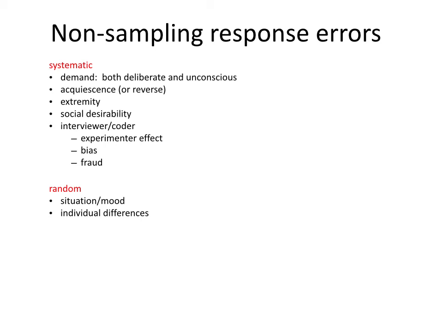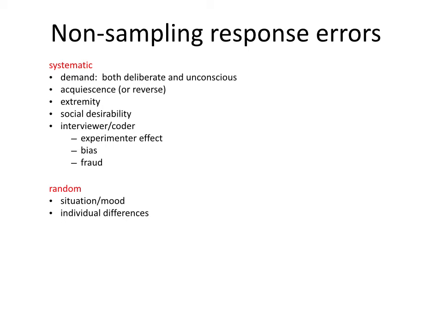Social desirability, I think, for marketing may be the most common kind of systematic bias. This is a tendency to answer in ways that make one look good in the eyes of the researcher. But it may even be to make one look good in one's own eyes.